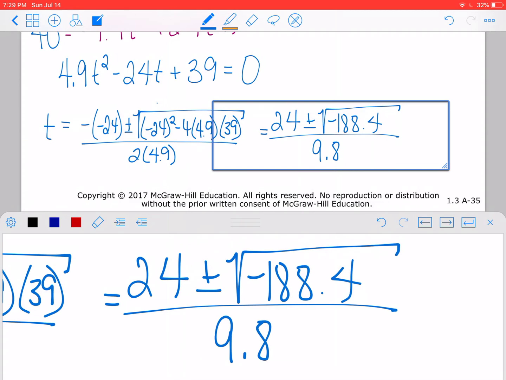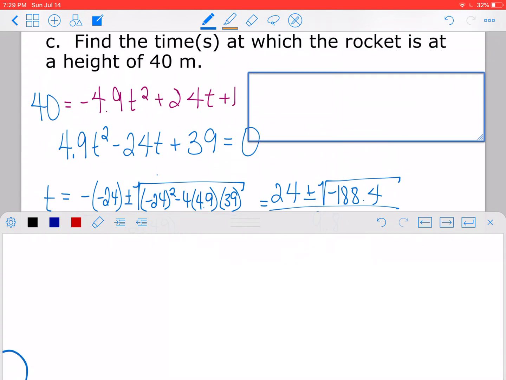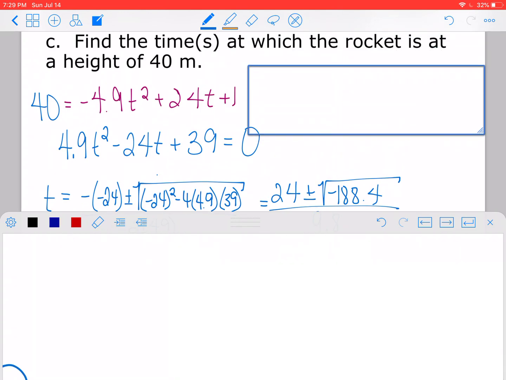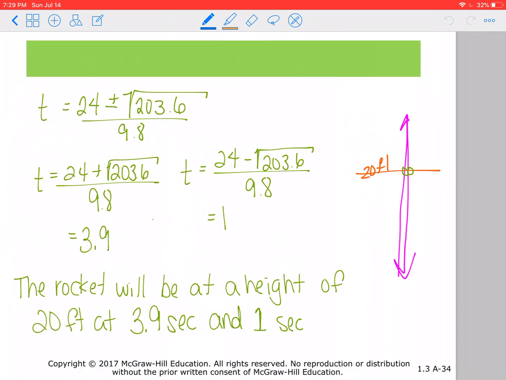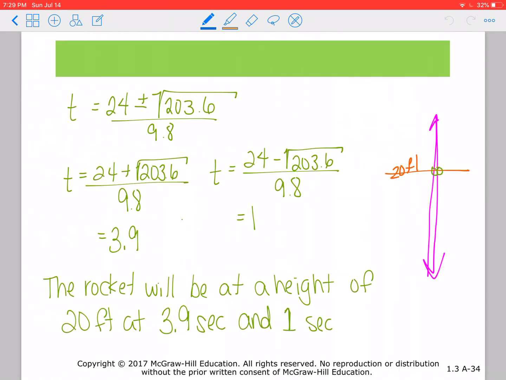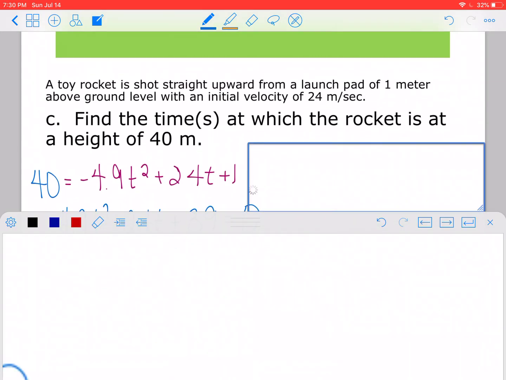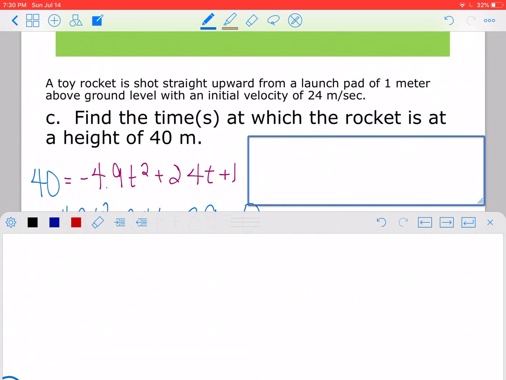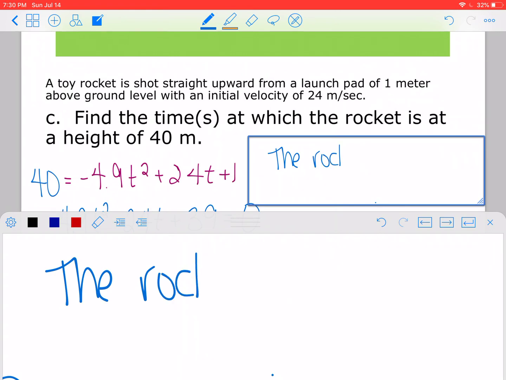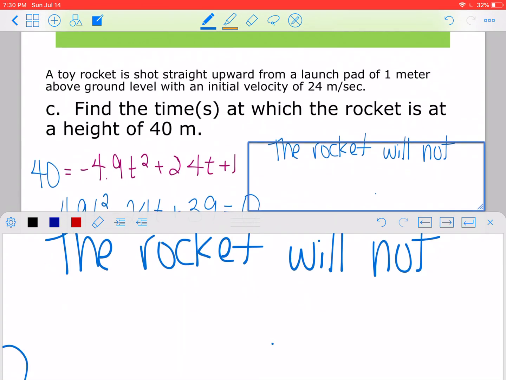We can't use imaginary solutions for a real-world problem. So the issue is the fact that this rocket does not, because of that negative in the radical, ever hit 40 feet. Okay, that's what that's telling us. So the rocket will not reach 40 feet.